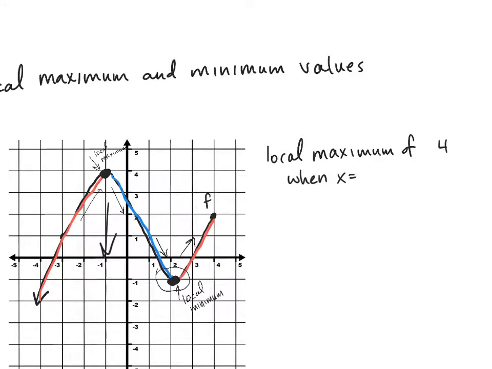Let's use the right pen. When x equals -1. There's a local minimum of, and we give the y value there, which is -1, when x equals 2.